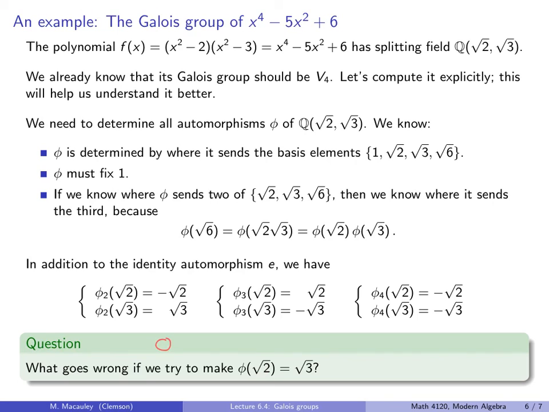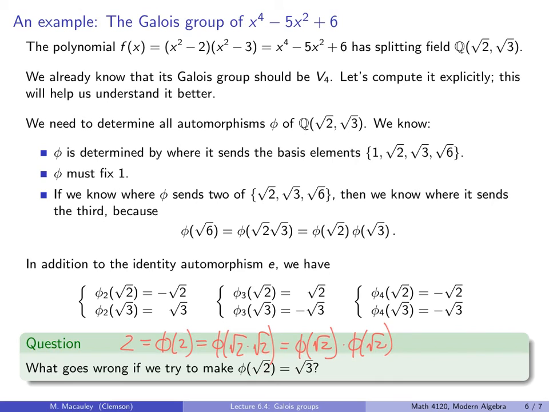So phi of 2 we know has to be equal to 2, right? We can also write this as phi of root 2 times root 2, which is phi of root 2 times phi of root 2.